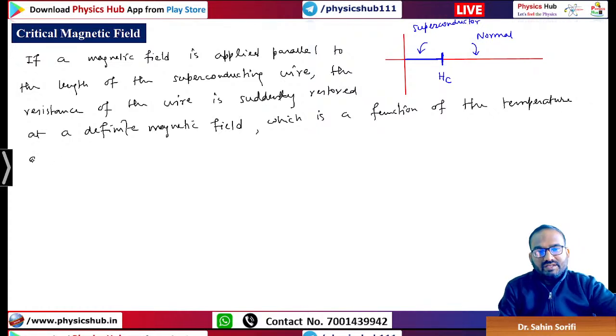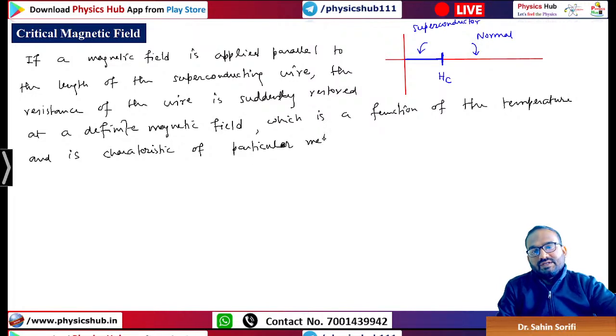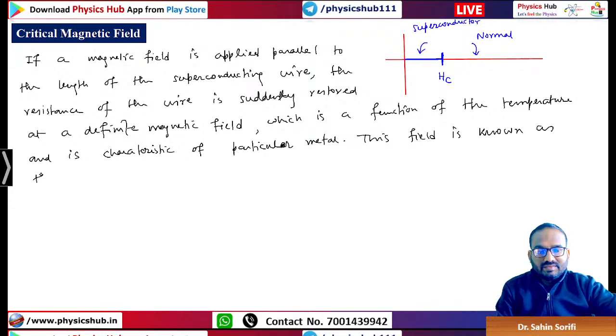I will give you a relationship, and it is characteristic of a particular metal. So it is not fixed for all the metals. Depending on the metal, this value will keep on changing. So that particular field is known as the critical magnetic field.